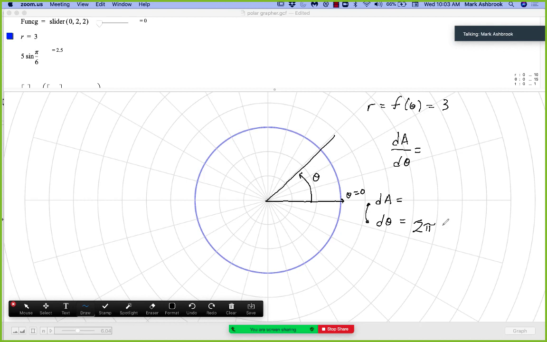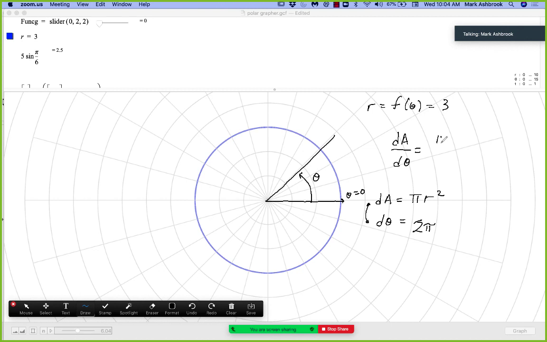And what is the corresponding area? Pi r squared. So when you make it all the way around, the area that you sweep out is pi r squared, in this case pi times 3 squared, corresponding to a change in theta of 2 pi.